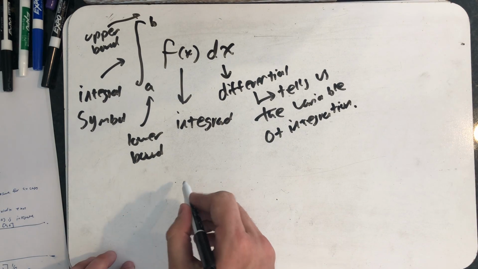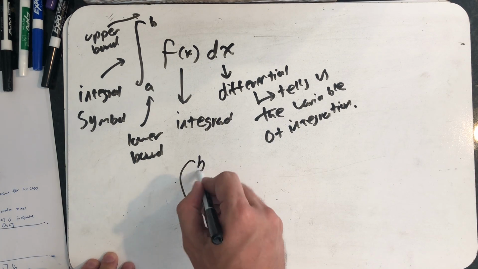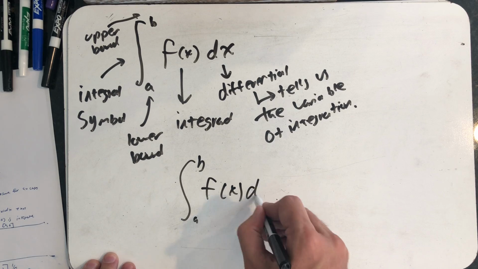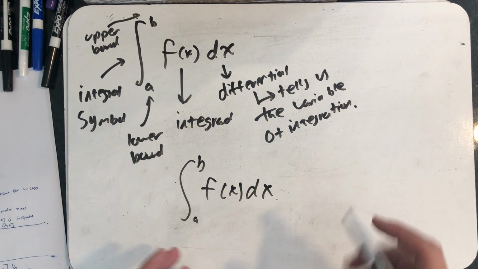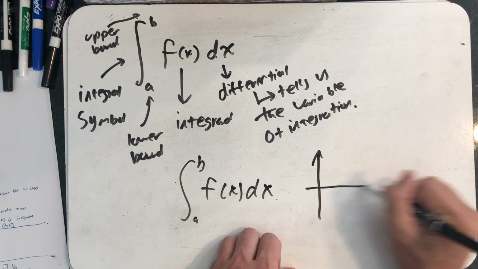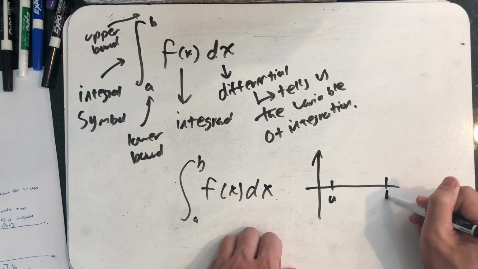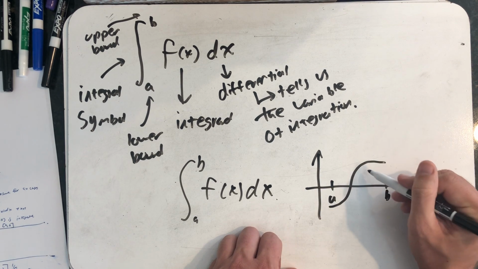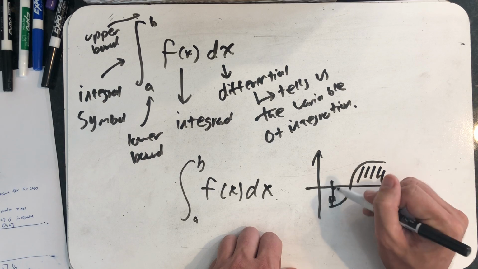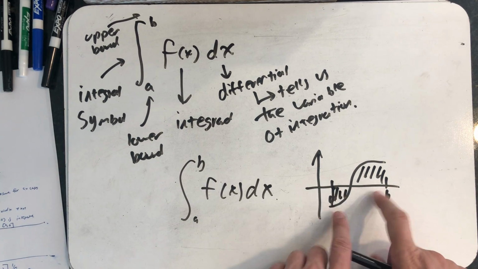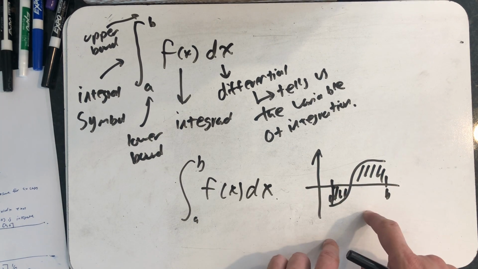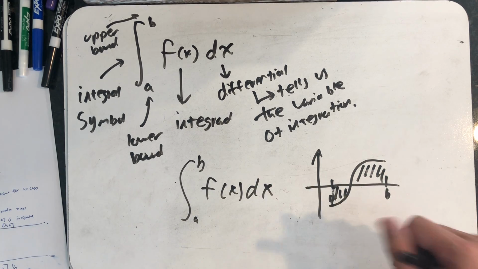Okay, so when we write down this collection of symbols, I like to think of it as that kind of net area idea, right? That no matter what my graph looks like, I can think about this collection of symbols being whatever the difference in these two areas is, because that one's positive and that one would be negative.